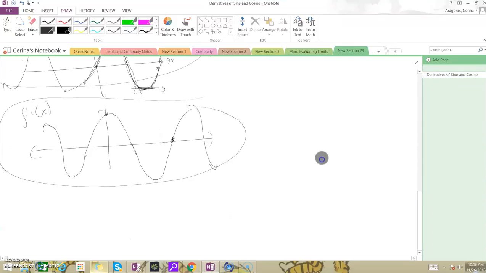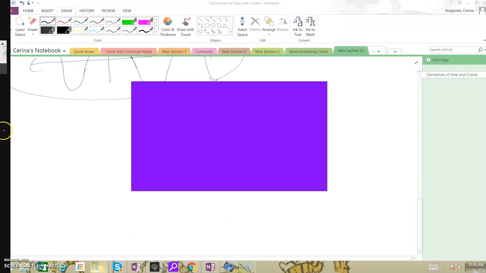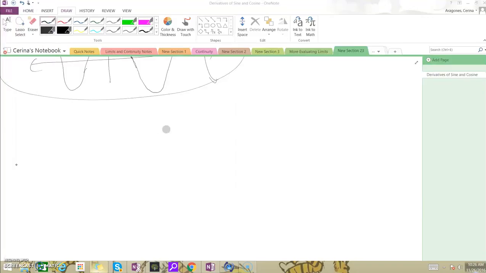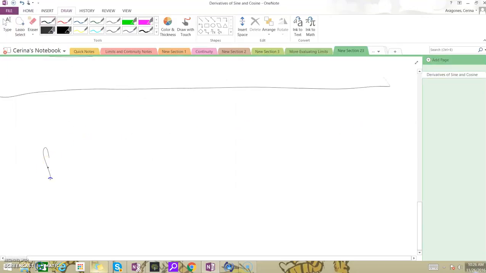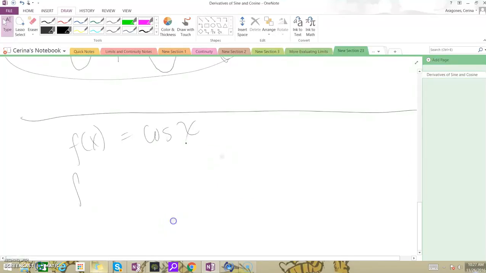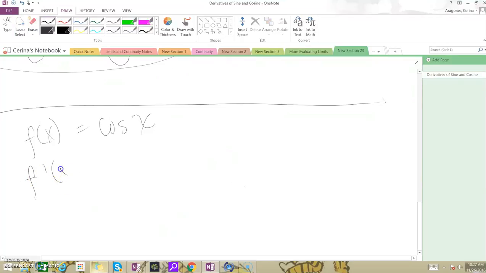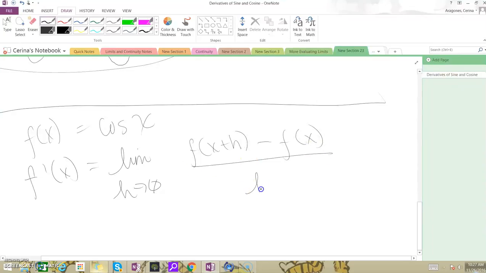Now that you know this, I asked you in class to then find the derivative of cosine of x. So here's cosine of x, and we want to find its derivative using the definition. So we know it's the limit as h approaches 0 of our change in y over our change in x.